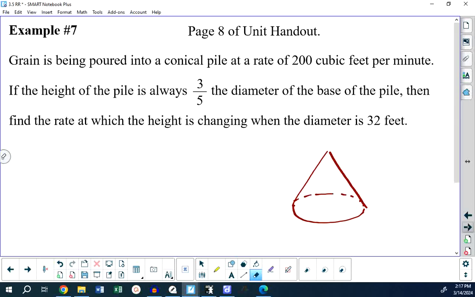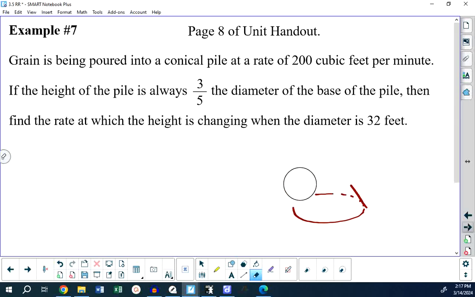I mean that as the pile grows or shrinks, the ratio between the two is the same. So maybe for very, very fine sand, that ratio between the height and the diameter might be 0.4, which means the height is 0.4 as great as the diameter. It's quite a wide, short cone. But for something that's more coarse, that ratio might be different. That ratio might be 2 to 1. It might be twice as tall as it is wide.